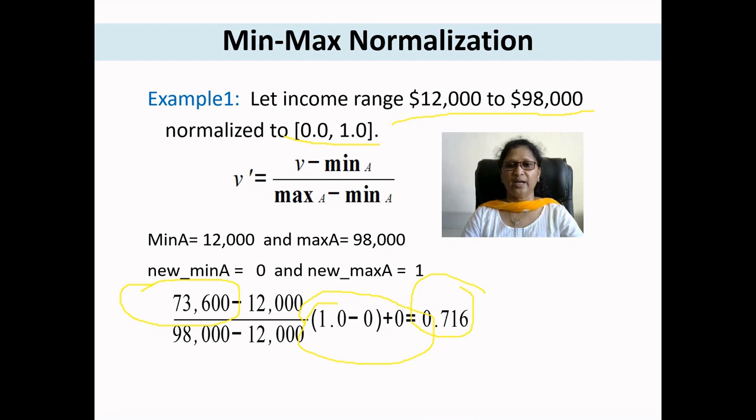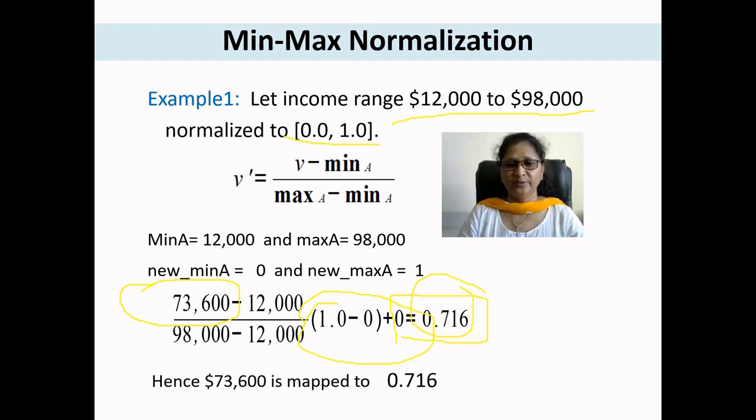You can note that the range which was from 12,000 to 98,000, and one of the values mapped to a new value, lies between 0 to 1. Hence we say that $73,600 is mapped to 0.716.